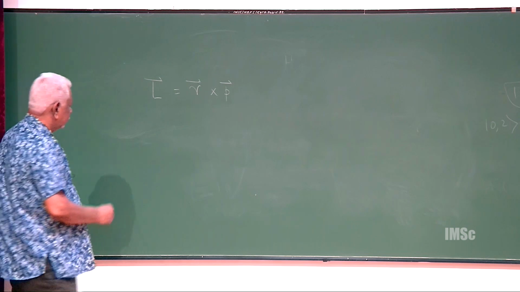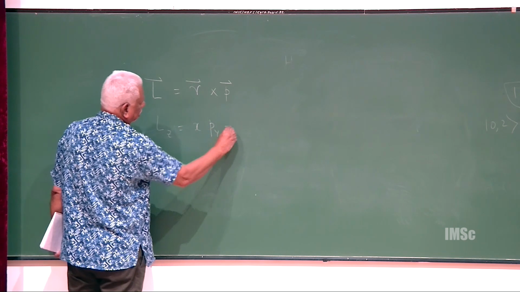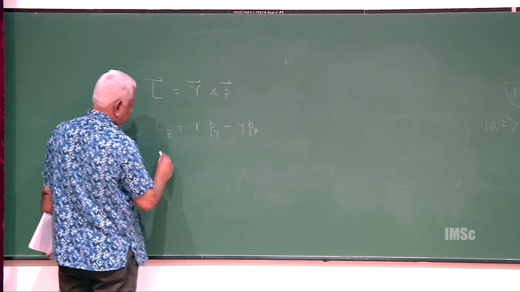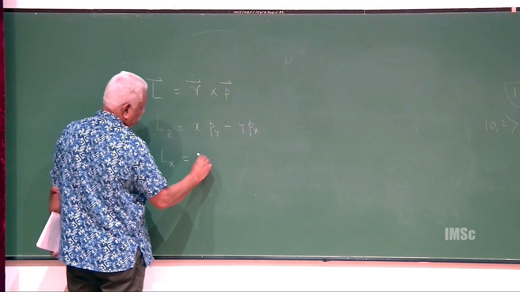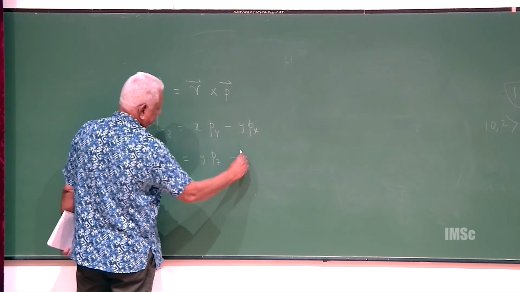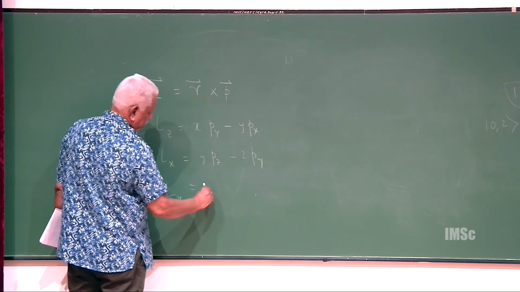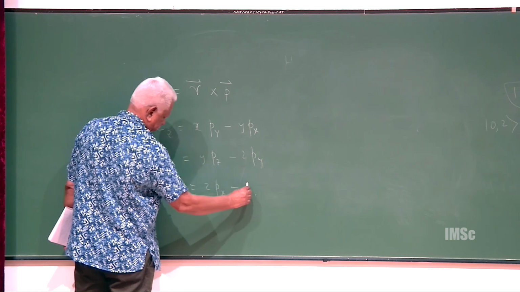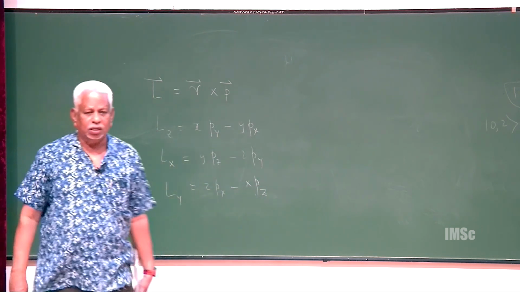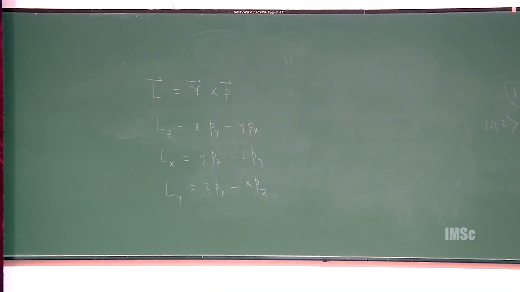So let us write down: Lz is going to be x py minus y px, and Lx is going to be y pz minus z py, and Ly is going to be z px minus x pz. These are the dynamical variables in classical mechanics. You know this, right? R cross P.